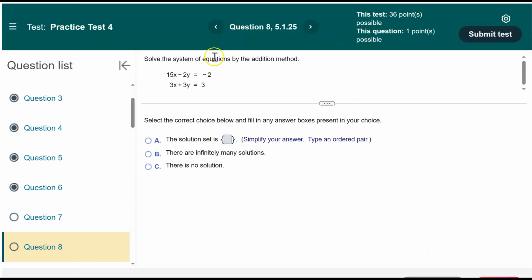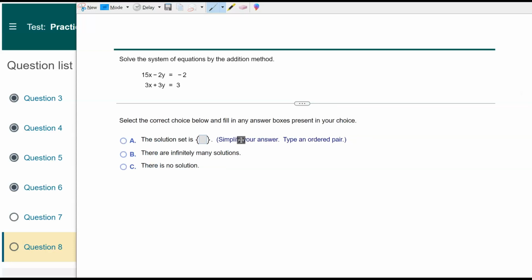In the next system here, we are asked to solve this using the addition method. So let's do the addition method, or elimination method. We will first have to decide which variable we want to eliminate. I would say we will eliminate y since they're already of different signs.